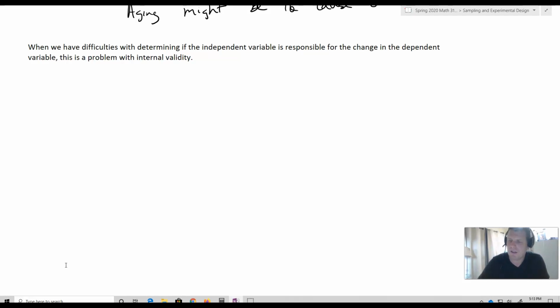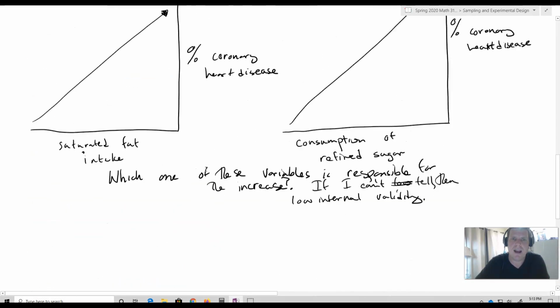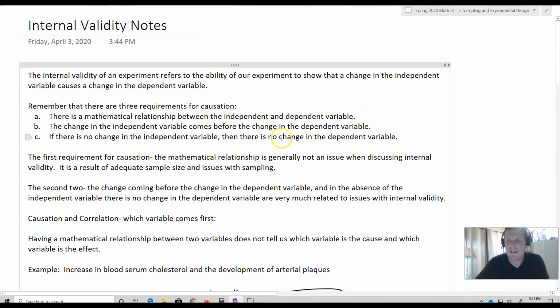So, if I were trying to figure out whether my experiment has high or low internal validity, I would go through and think through the experiment. On the one hand, we'd ask ourselves, is it a correlation and causation issue? Can I not ascribe one to being first and the other to being second? In some cases, it's very natural.